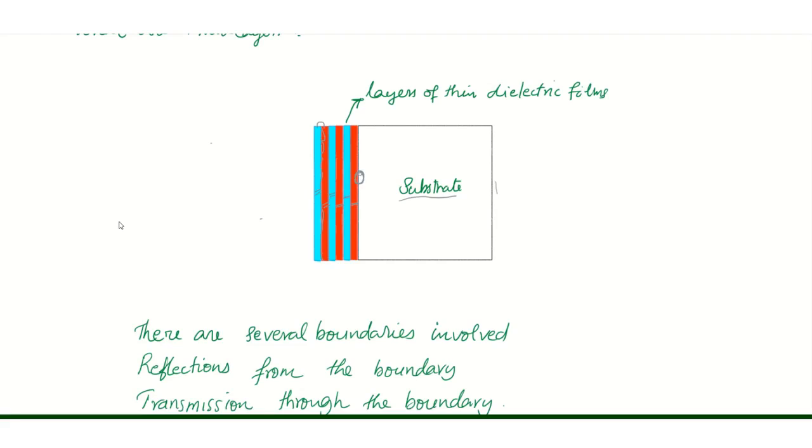When light falls on one of these multilayers, it first encounters the air. Supposedly the light is coming from air or vacuum. Then it encounters an interface here, and when it encounters a refractive index change, part of it will be transmitted and part of it will be reflected.